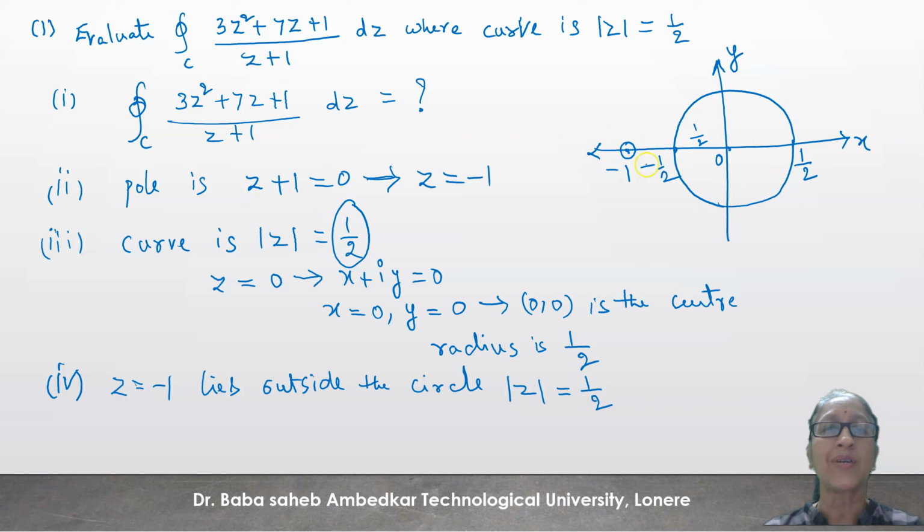So here minus 1 is the singular point, and minus 1 is not lying inside this closed curve. Then the integration of (3z square plus 7z plus 1) upon (z plus 1) dz equal to 0. After finding the singularities, if the singular points don't lie within that closed curve, then whatever the integral may be, that integral is equal to 0.